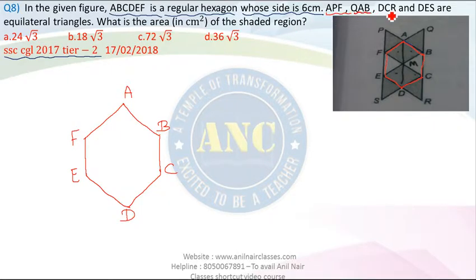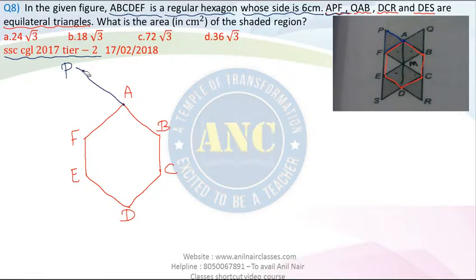APF, QAB, DCR, DES are equilateral triangles. What are the triangles they are saying, sir? First triangle is APF. This triangle it seems. This point is P. This is an equilateral triangle. I did not draw it a little properly.